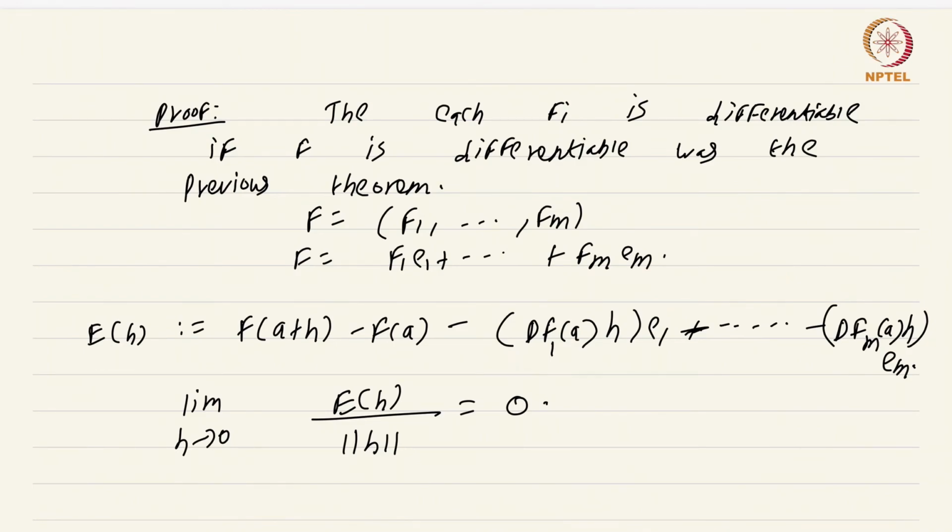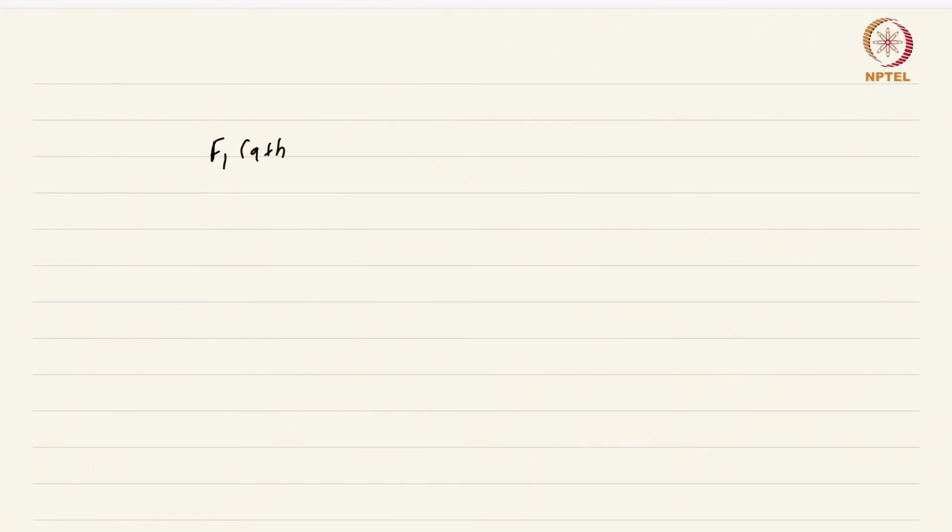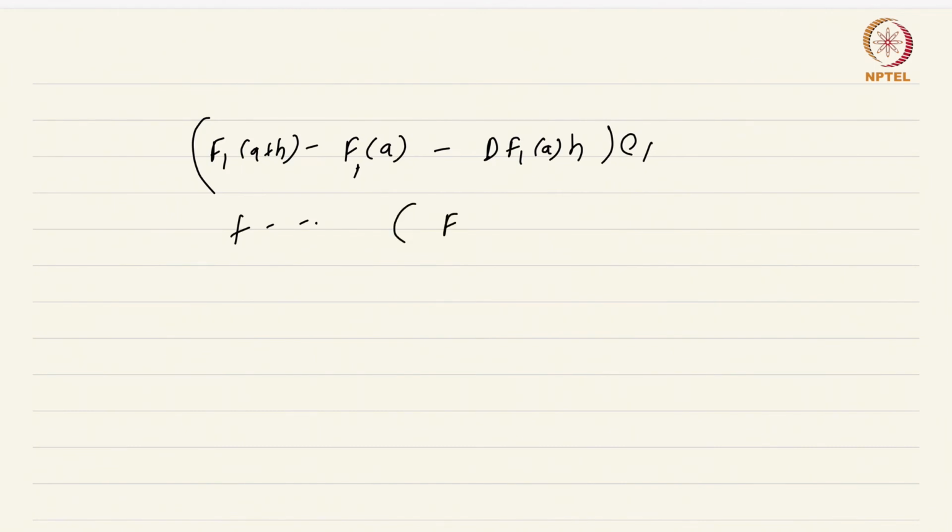Okay, now how do we know that this is going to be sublinear? Well, observe that by this remark, we can group the terms together and we will get f1(a+h) minus f1(a) minus df1(a)h e1, plus dot dot dot, fm(a+h) minus fm(a) minus dfm(a)h em.